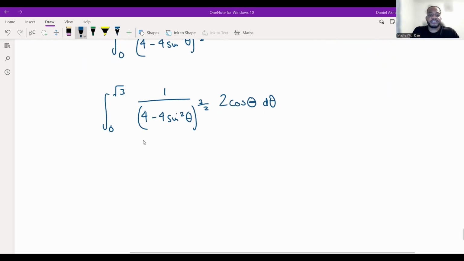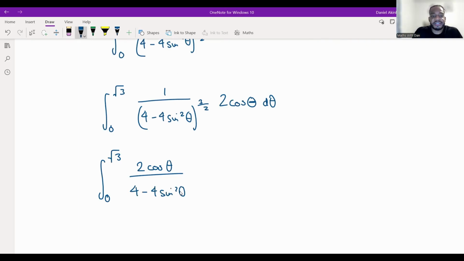Good stuff. So let me just make this a bit neater. 0 and root 3 is there. I'm going to put that 2 cos theta on the top, and then that's going to be 4 minus 4 sine squared theta to the power of 3 over 2, and then d theta.